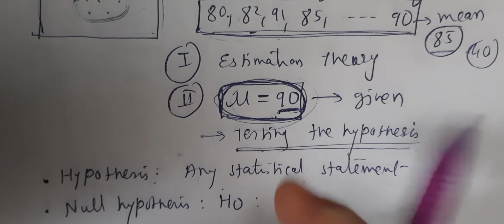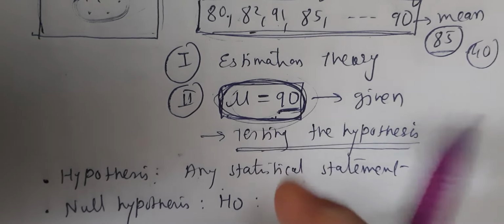Next we have the alternate hypothesis. This we denote by H1, and it is the hypothesis which is complementary to H naught. What is the meaning of that?